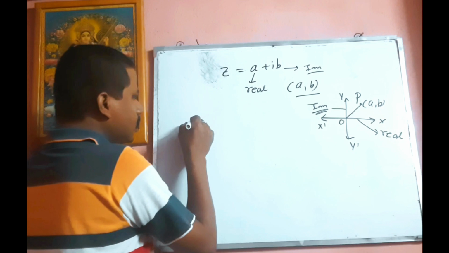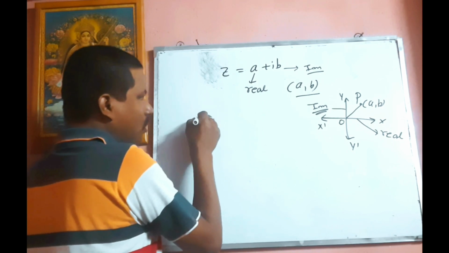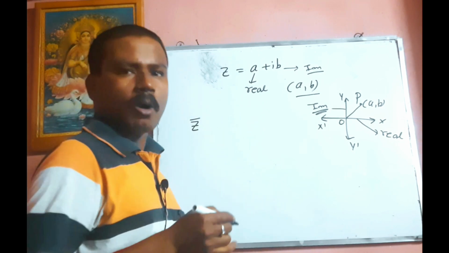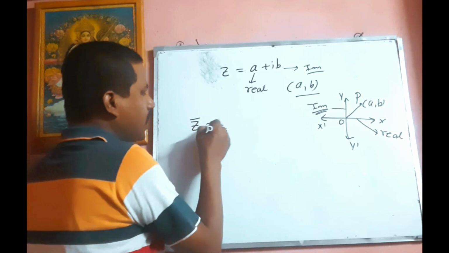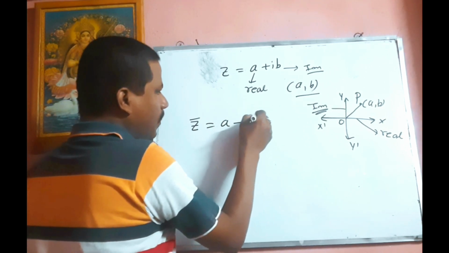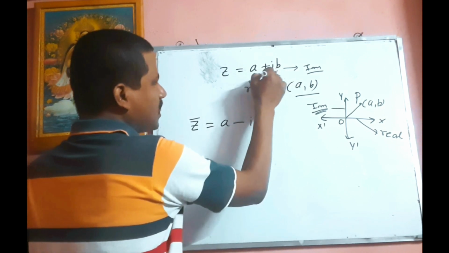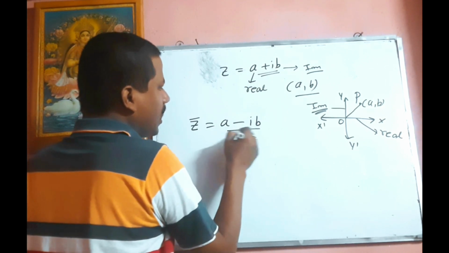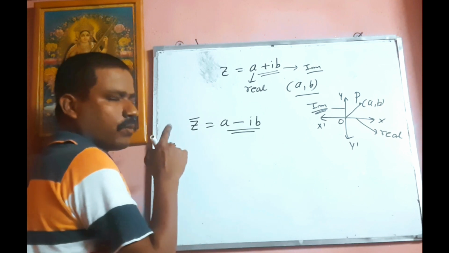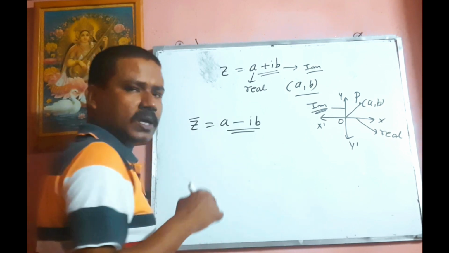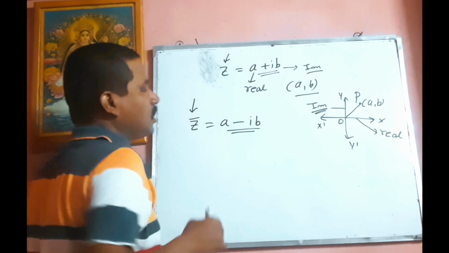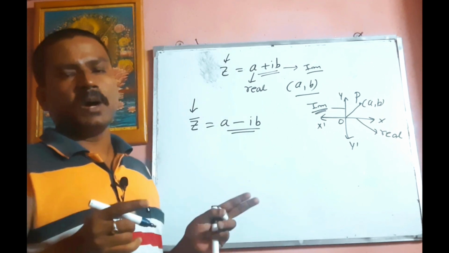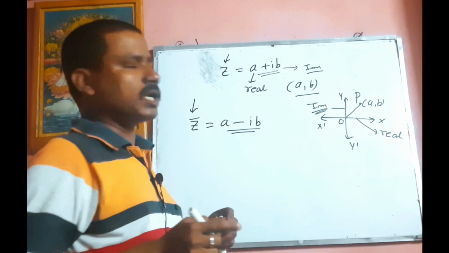And when we discuss the conjugate of the given complex number, it is denoted as z bar. If a plus ib is z, then the conjugate of a plus ib is a minus ib, which is z bar. So z and z bar are conjugate to each other.